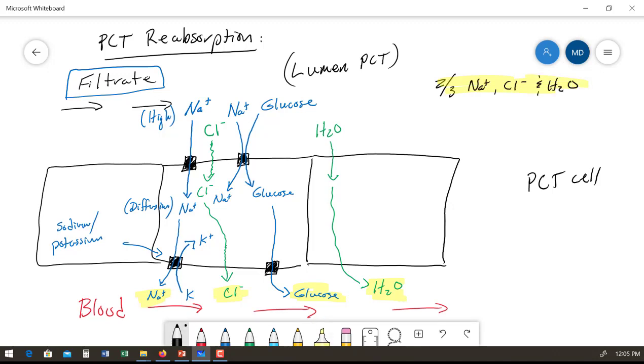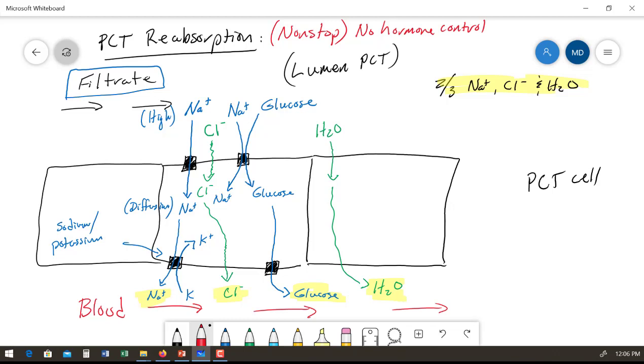In other words, there's a huge amount of reabsorption taking place in the proximal convoluted tubule. Another thing I would add is that this reabsorption is non-stop. It's ongoing, constantly, never stops. Also, there's no hormone control over this. It just goes all the time.